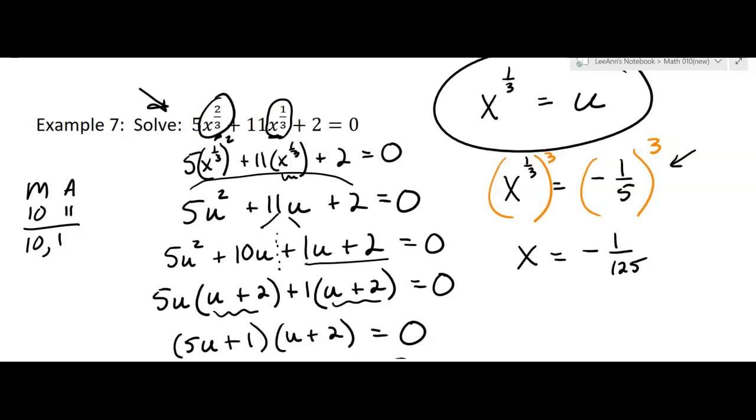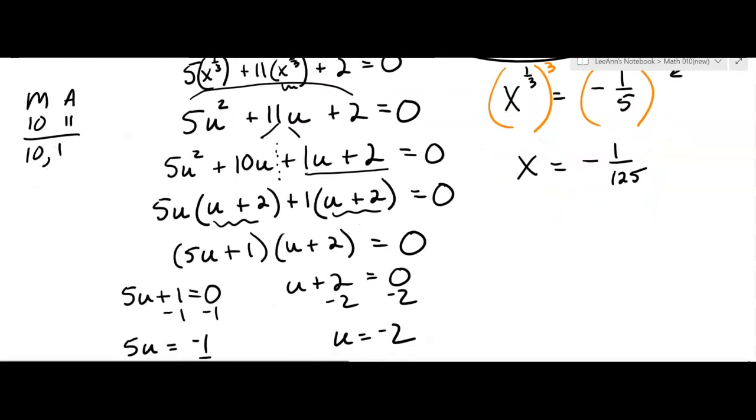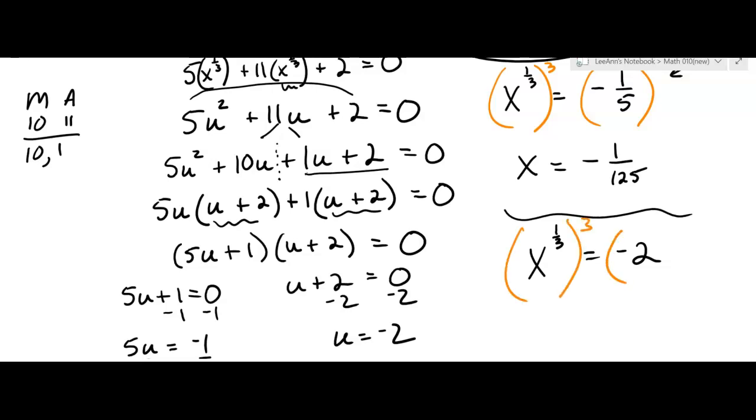What was my other answer? Negative 2? I think it was negative 2. So now my other one is x to the 1/3 equals negative 2. Okay, I'm going to raise both sides to the 3rd power. And so I get x equals negative 8.